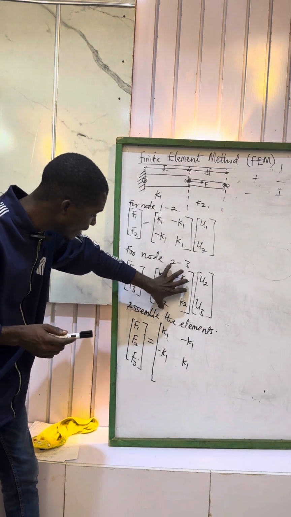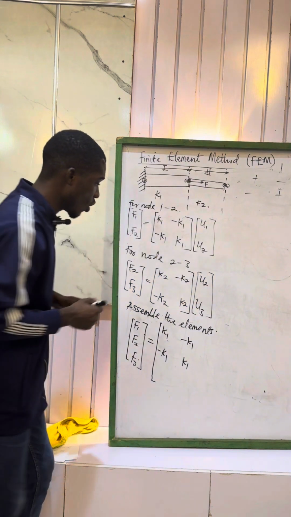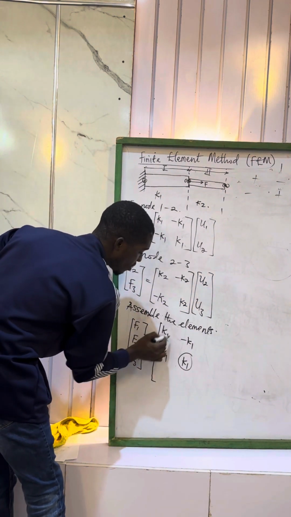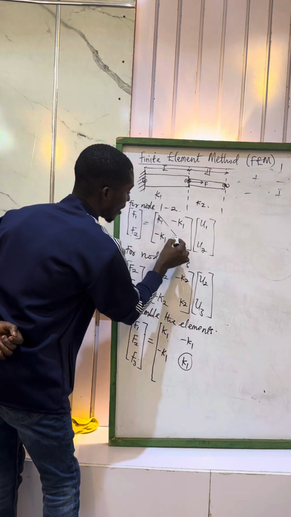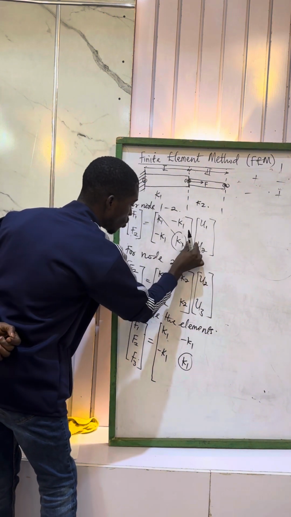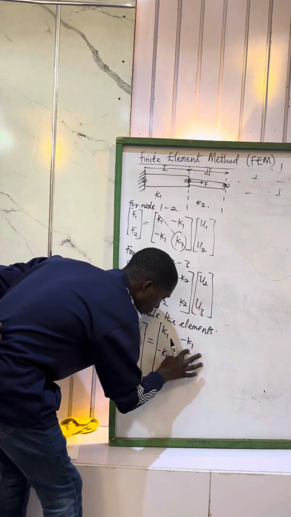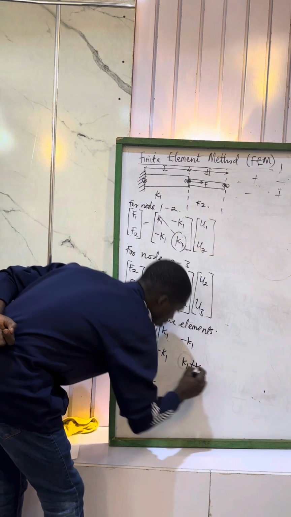You are going to put this element here, and it will intersect. So, at this point, you know this is our leading diagonal for this matrix, K1. So, the leading diagonal, at this point here, you are going to merge this K2. So, when you merge it, everything will still follow the same flow. So, we have K1 plus K2.